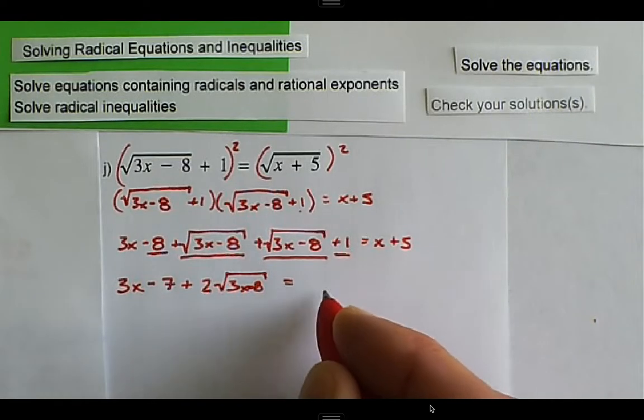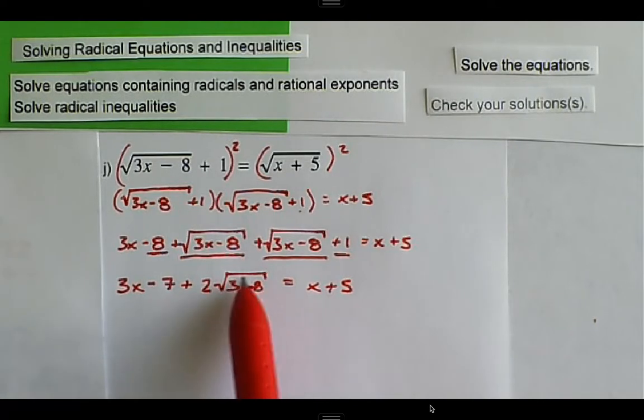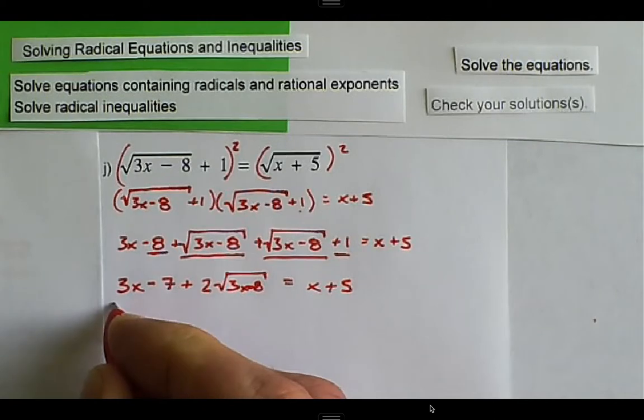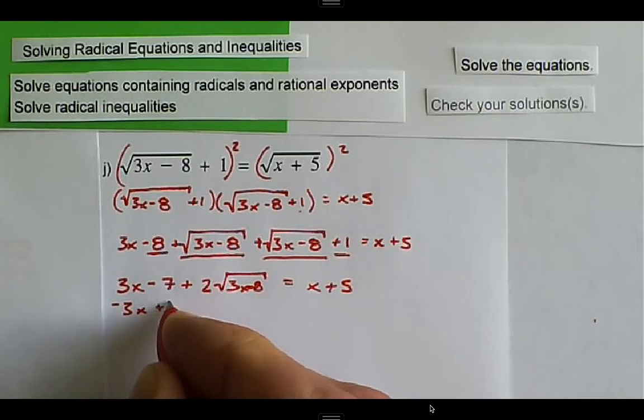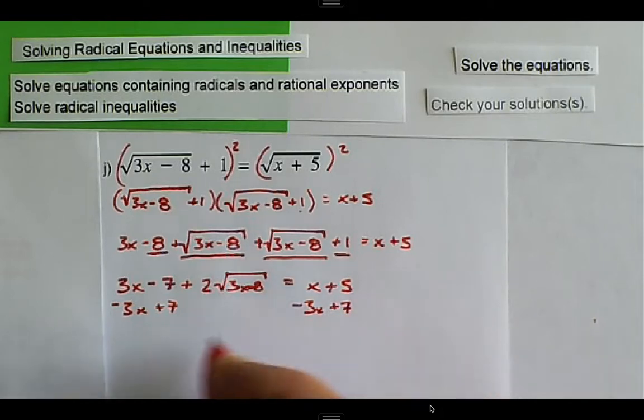And that is still equal to x plus 5. Now we have one radical left on the left side, and we need to isolate that in order to get rid of that radical. So the first thing is we can subtract 3x and we can add 7.